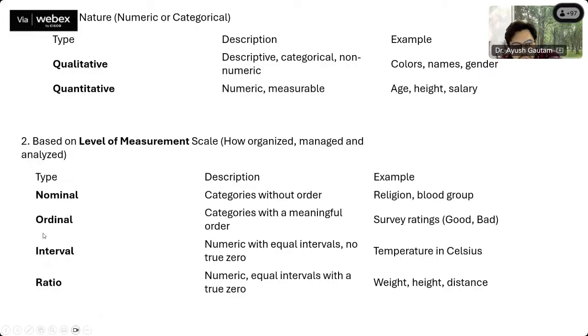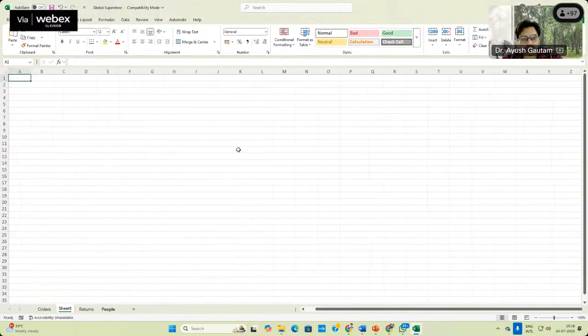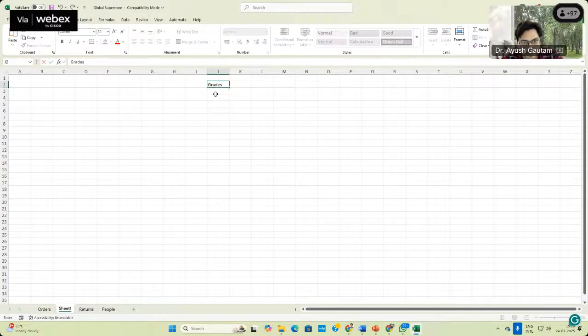बट बिफोर गोइंग टू दैट, कोई मुझे ऑर्डिनल और इंटरवल डेटा में डिफरेंस बता सकता है? मैं बताता हूँ आपको डिफरेंस. सपोज, okay, suppose there are 4 different persons.